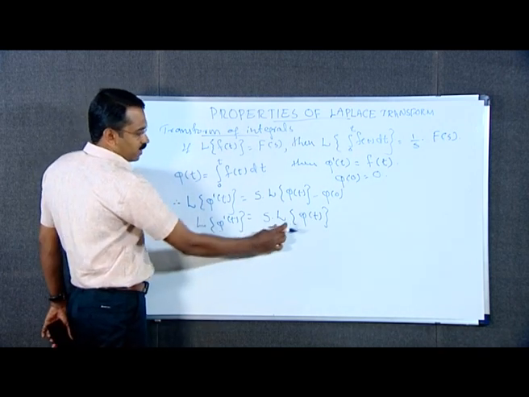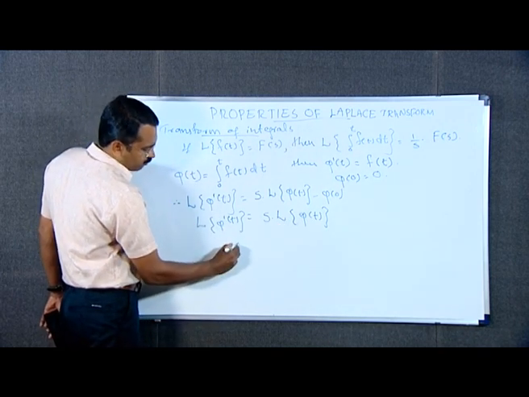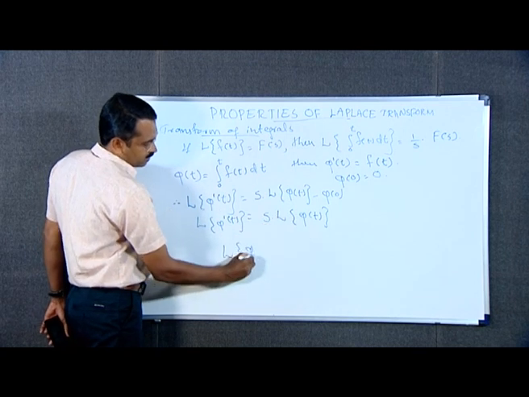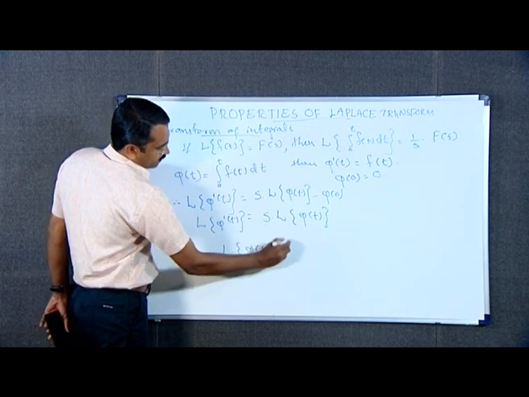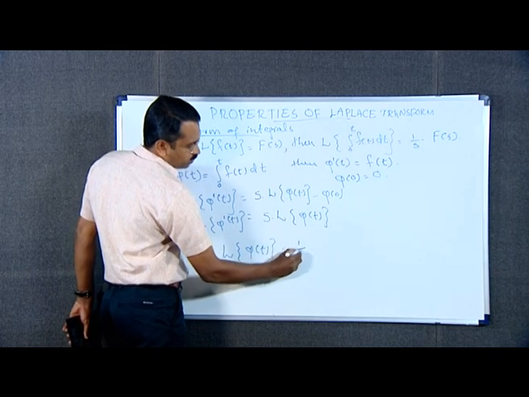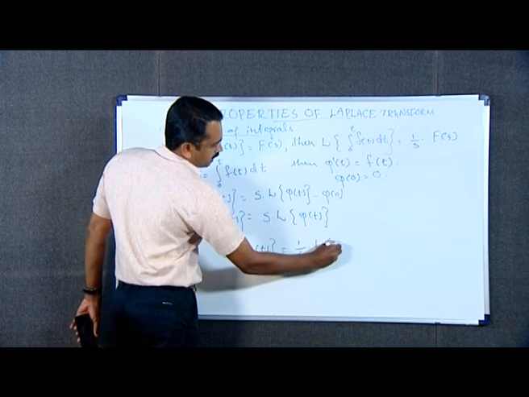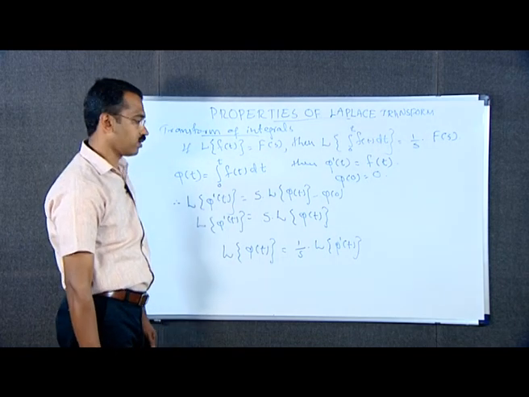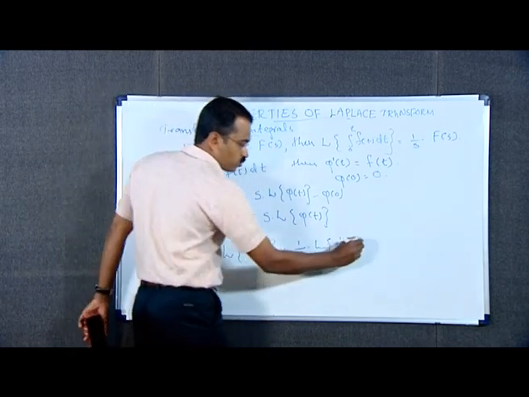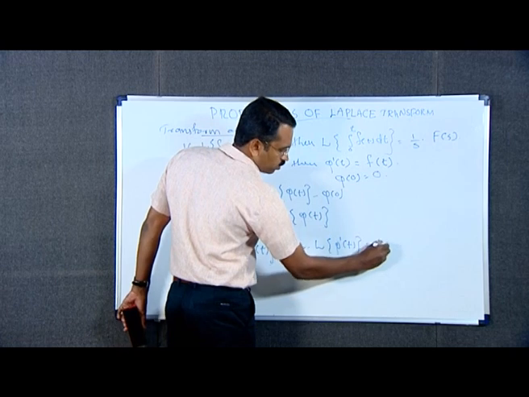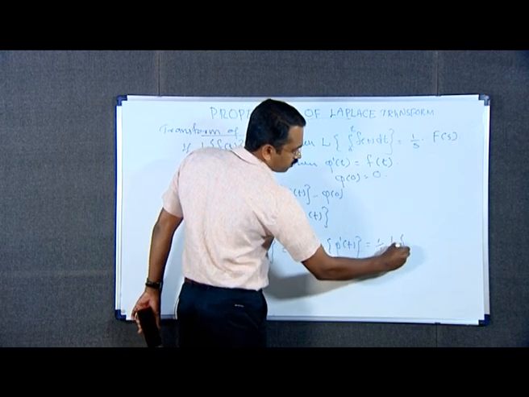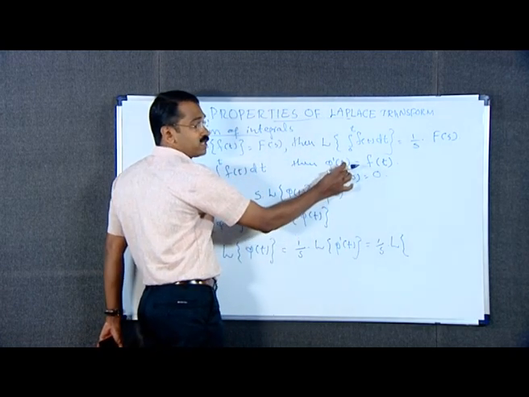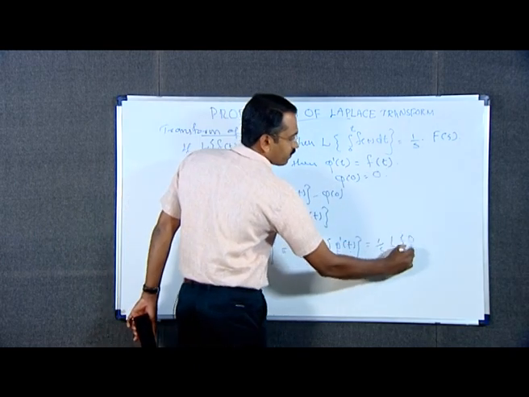Therefore we can write the Laplace transform of phi of t as 1 by s into the Laplace transform of phi dash of t. That is equal to 1 by s into the Laplace transform of f(t), since phi dash of t is f(t).